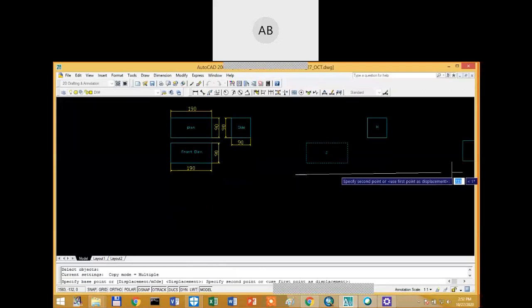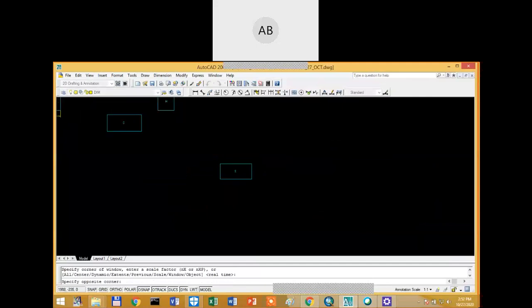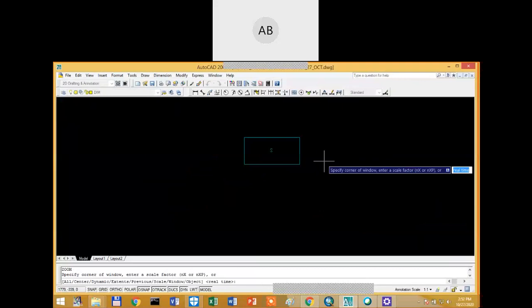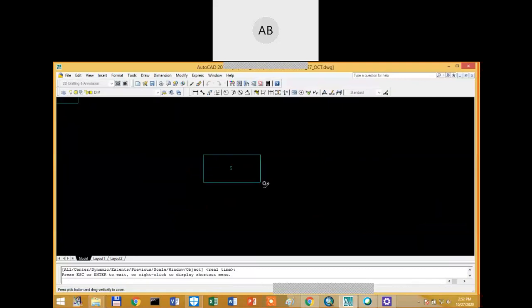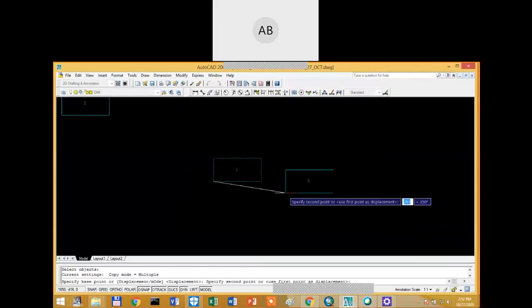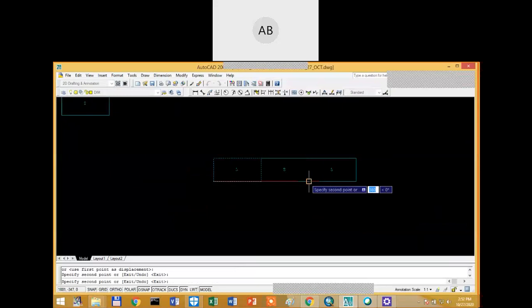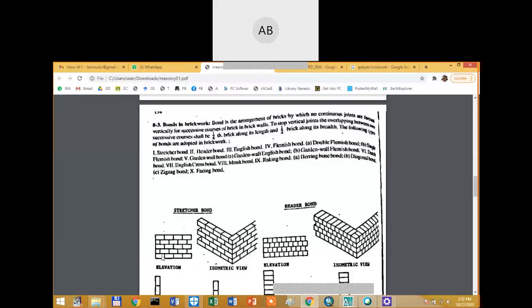I take this example. This is the first layer.